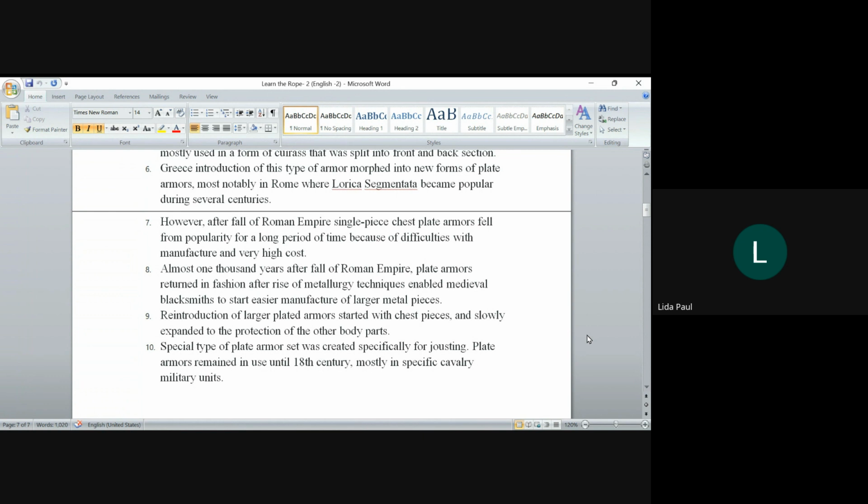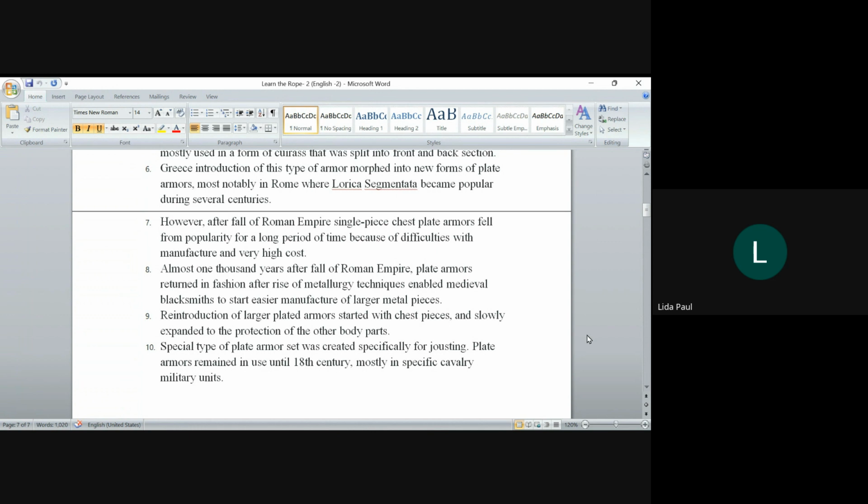So reason again, because, right? Adverb of reason. Okay. And the last line, manufacture and very high cost. Very, right? Very is modifying the adjective high. So very is your adverb.